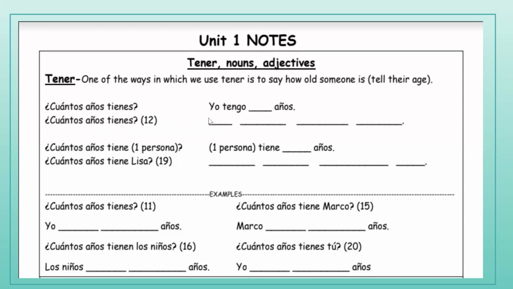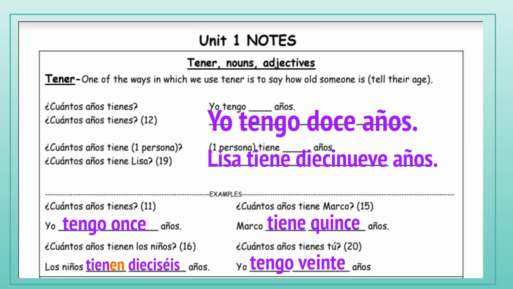You want to tell the person that you are 12 years old in a complete sentence in Spanish using the formula above. So take a moment to pause the video and complete each of these examples. And once you're ready, press play so that you can see if you got your answers correct. All right, here are the answers.